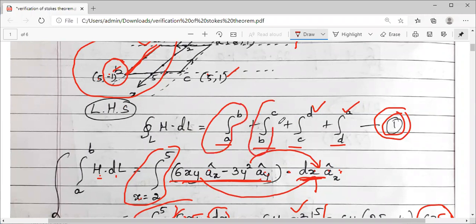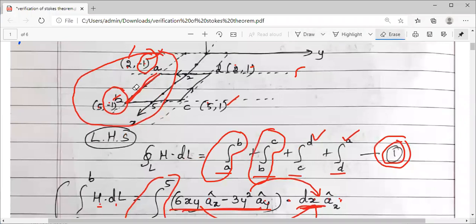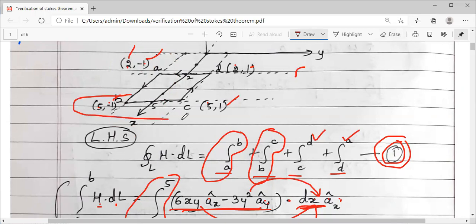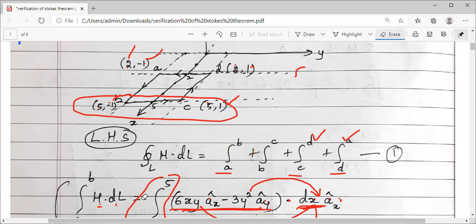Now, in a similar way, let us go for the second line, integration of BC. Where is BC? It is a vertical line in the figure. Observe here which coordinates are changing and which coordinate is constant. Looking at these two points, (5, -1) and (5, 1), which coordinate is variable?